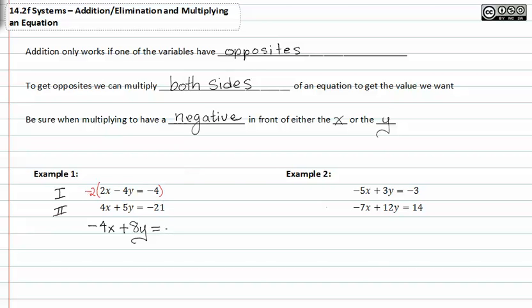Distributing the -2 through, we get -4x plus 8y equals +8. And then we'll just rewrite the second equation.